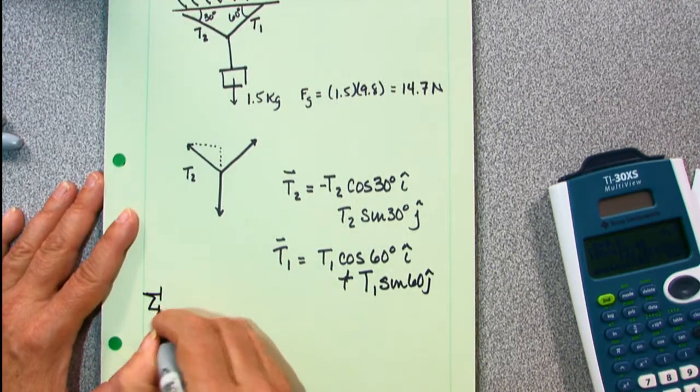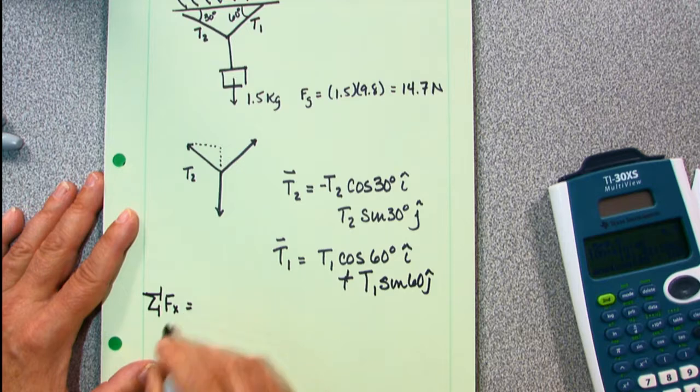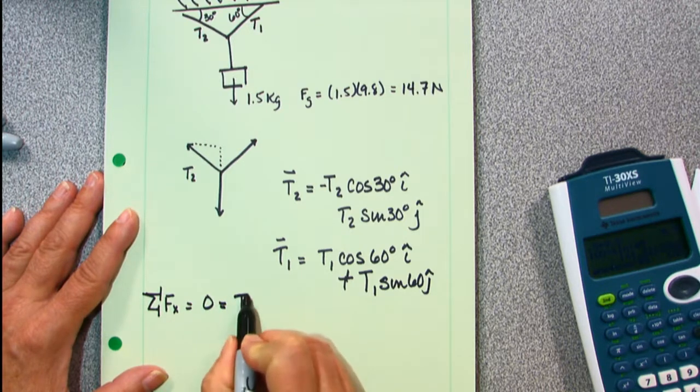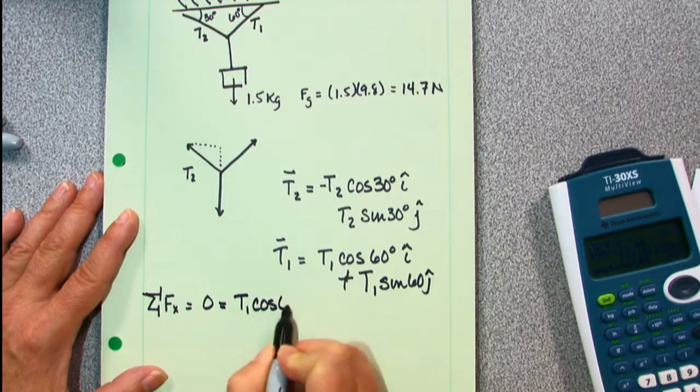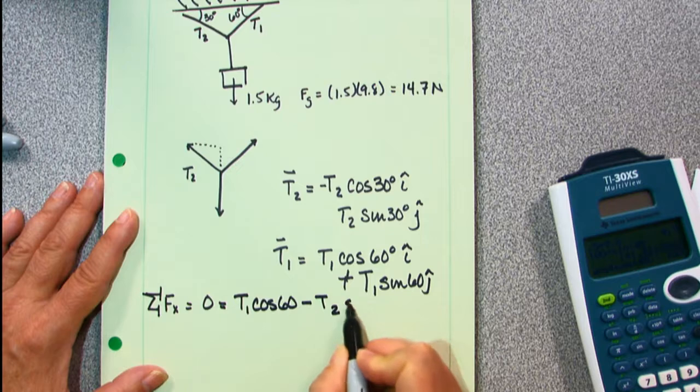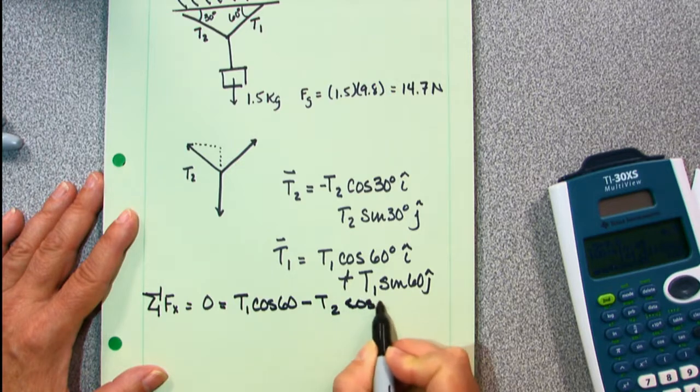Sum of my forces in the x direction is going to equal 0. So I'm going to have T1 cosine 60 minus T2 cosine 30 has to equal 0.